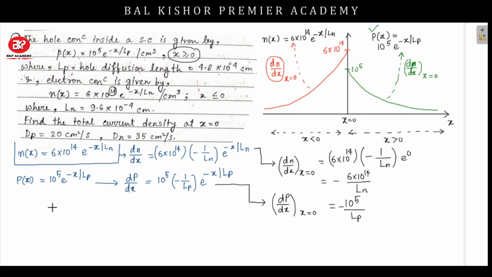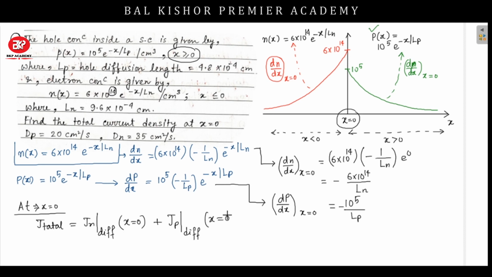So now we need to find the total current density at x equals to 0. At x equals to 0, the total current density will be due to the electron diffusion, Jn diffusion at x equals to 0, plus the hole current density due to diffusion at x equals to 0.